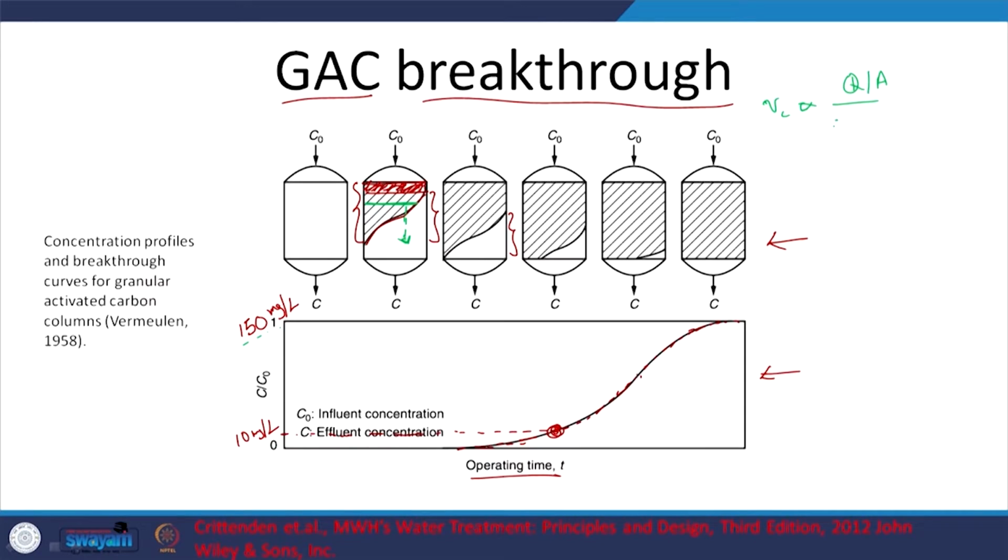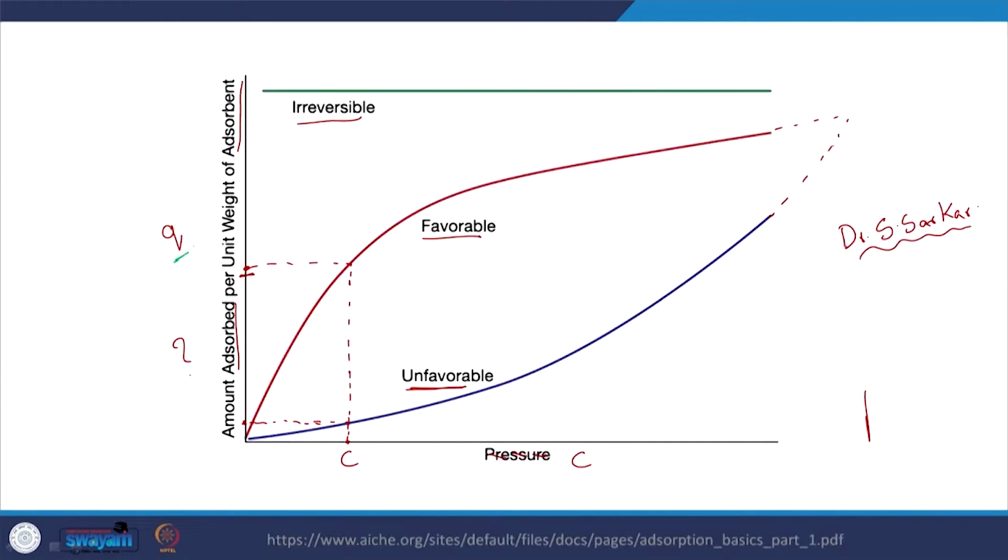And in the denominator, I am going to have 1 by dq by dc. Here we have q and c.